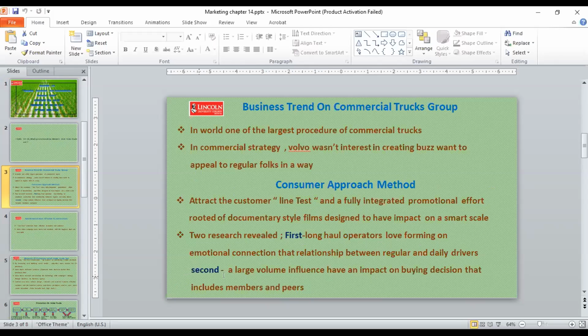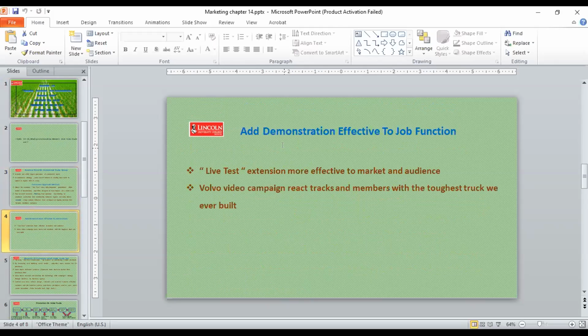Second is a large volume of influences on the buying decision, including members and peers. And then demonstration of effectiveness of job function to the customer. Live press extensions are more effective to market and audience. This is the main activity: live press.